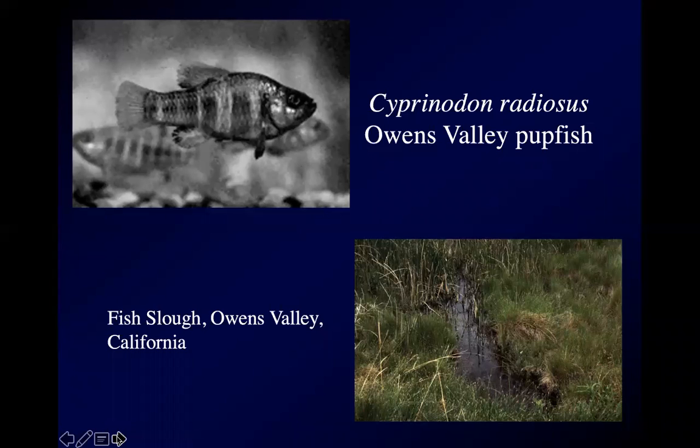They're now quite rare. A few years ago, a worker for the California Department of Game and Fish actually saw that the last remaining pupfish were in danger of drying out. They were trapped in a puddle that was going to dry out.